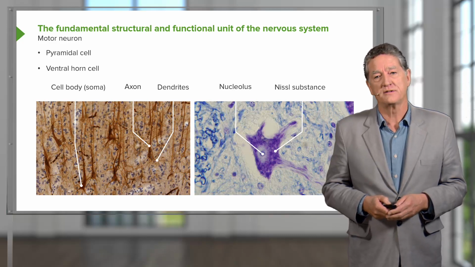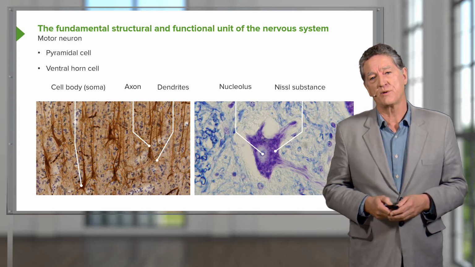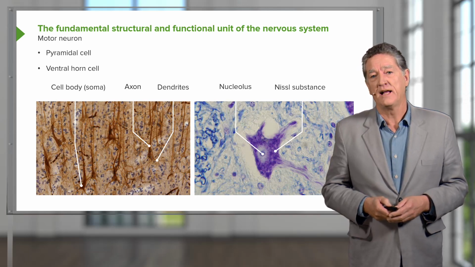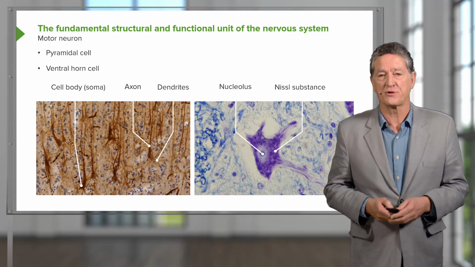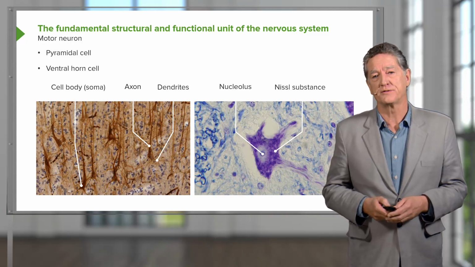And therefore those neuron processes are also very long. They can extend from the spinal cord all the way down to our toes. So these axons are extremely long, and these axons from these ventral horn cells will form part of what we call a peripheral nerve.